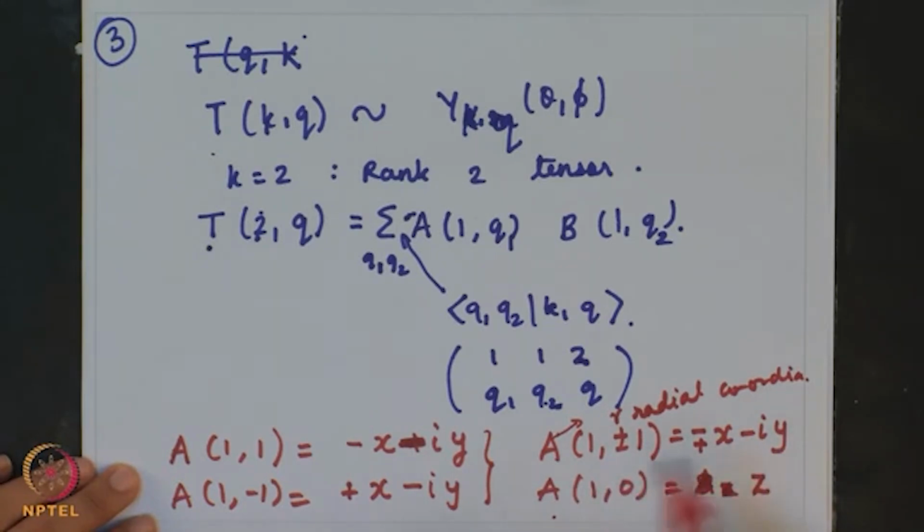If I am writing in terms of the vector potential, it will be ax, ay, az. Again the form will remain the same. x will be replaced by ax or px, y will be replaced by ay or py, z will be replaced by az or pz. So this definition you have to keep in mind before you actually start doing the problem.